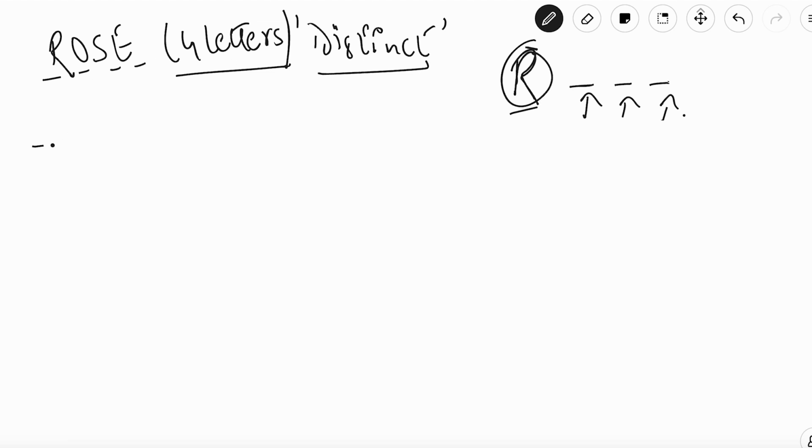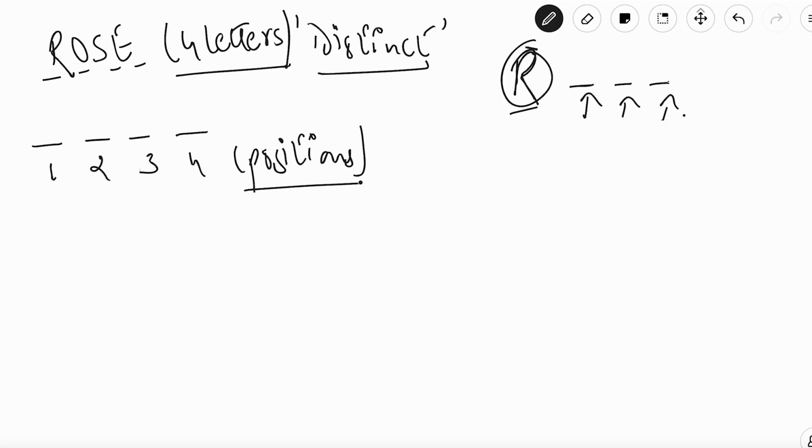Since there are 4 places, this is position 1, 2, 3 and 4. These are the positions. Now when we have to choose a letter for position 1, we have 4 options. We can choose either R or O or S or E. So there are 4 choices.